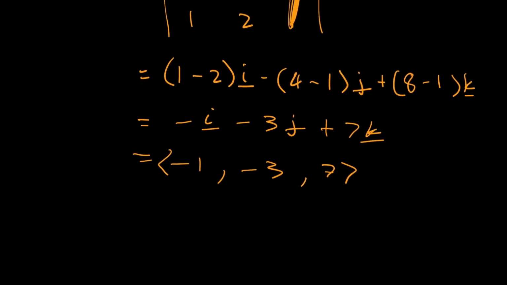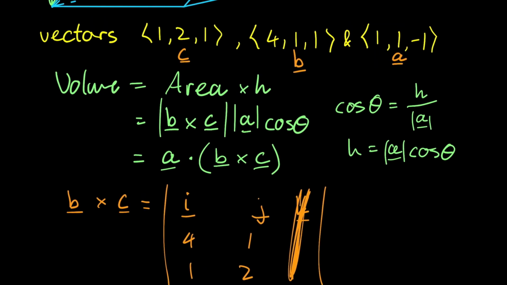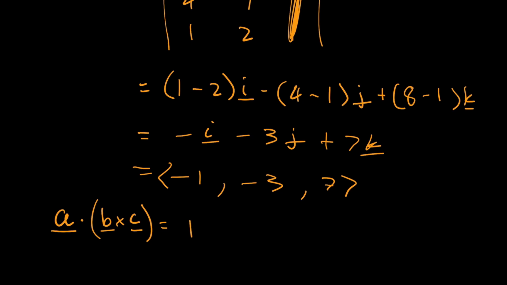So A dotted with B cross C is going to be equal to 1, 1, negative 1, dotted with the vector negative 1, negative 3, and 7.